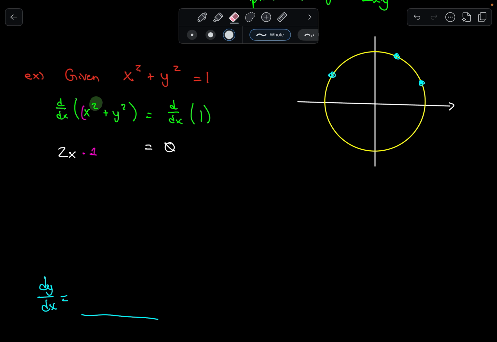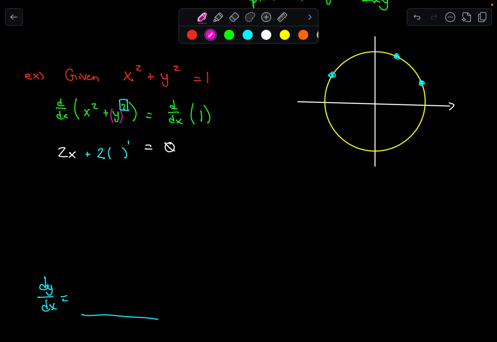Okay, so you're like, all right, why are you telling us this? I know how to take easy derivatives. Well, it's because we're going to now take the derivative of the second piece. And for the derivative of y squared, we want to think about it like needing the chain rule, right? We have an inside function, and we also have an outside function. So the derivative of the outside function, the derivative of something squared, is just going to be 2 times that thing raised to the first power.